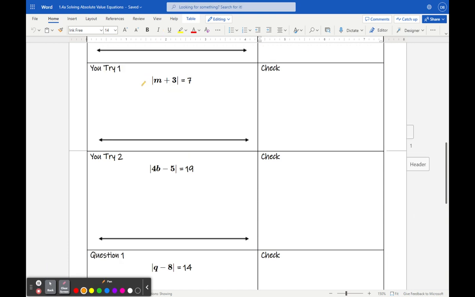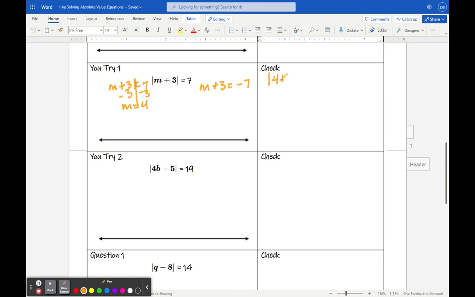How did you do? Did you remember to set it equal to a positive and a negative? Oh, good. All right, so here we have just the absolute value equals the number. So m plus 3 equals 7, and m plus 3 equals a negative 7. Subtract my 3 from both sides. M equals positive 4.